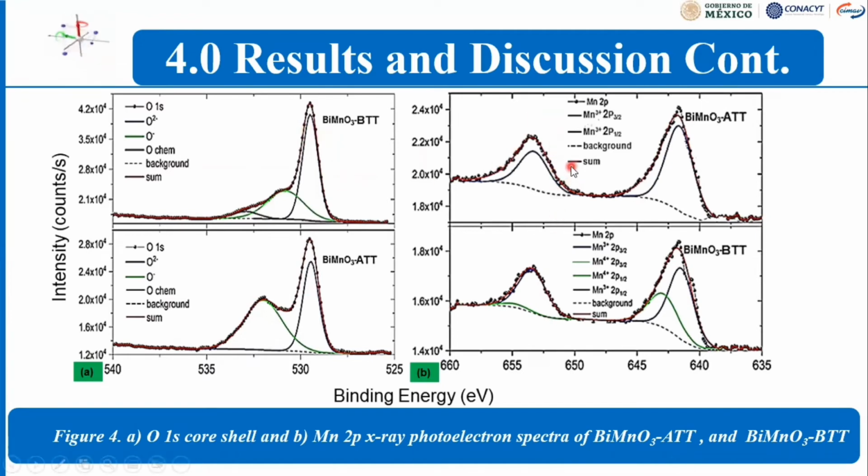In figure 4B, we have the Mn spectra, which shows the features of the 3 plus. Here we have the 4 plus oxidation state. In after ex-situ thermal treatment, we only have the 3 plus.